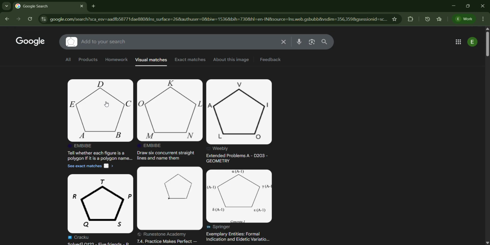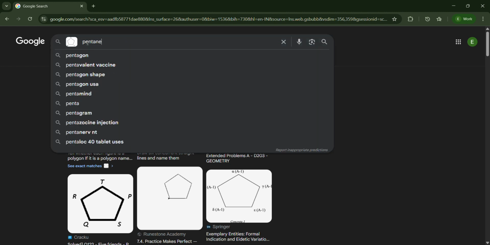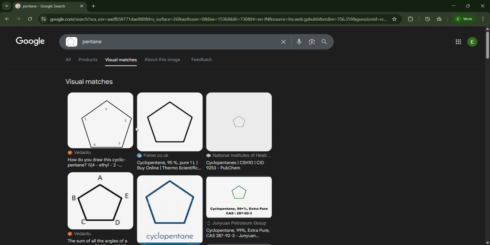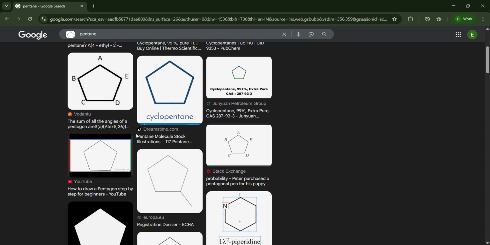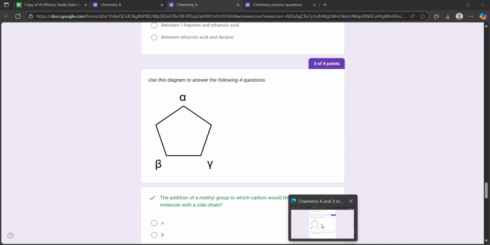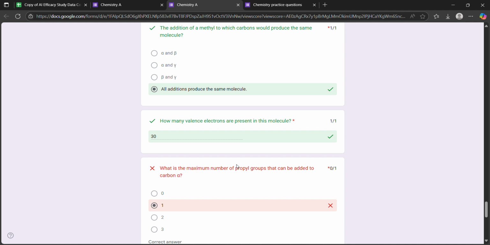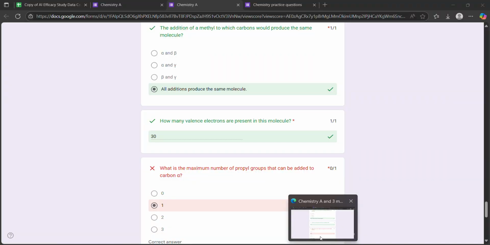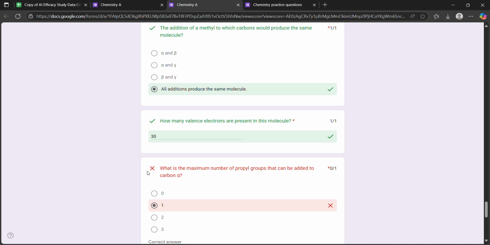I think this is a pentane. So yeah, this is a pentane. So the question is, what is the maximum number of propyl groups that can be added to carbon alpha? So carbon alpha.